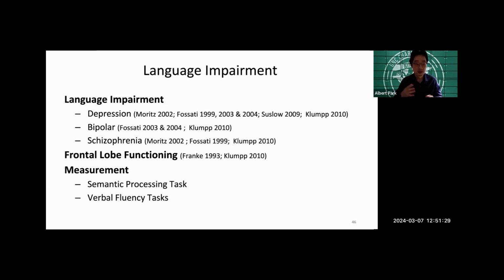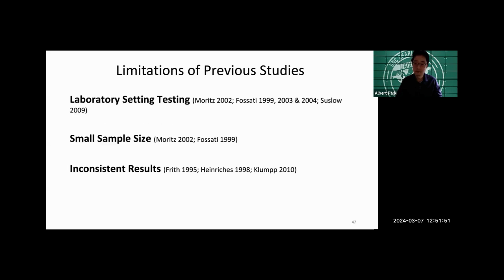These are typically measured through semantic processing tasks and verbal fluency tasks. A semantic processing task is determining the semantic relationship between words, and a verbal fluency task is production of words from categories. Previous studies on this topic conducted in a laboratory setting had small sample sizes and showed somewhat inconsistent results.